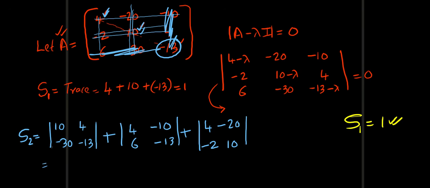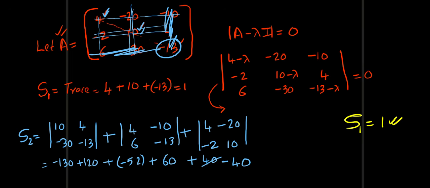Okay, so let's expand this. That will be minus 130 plus 120 plus, what is 4 into 13? Yeah, that will be minus 52 plus 60, and 40 minus minus minus, that will be minus 40.